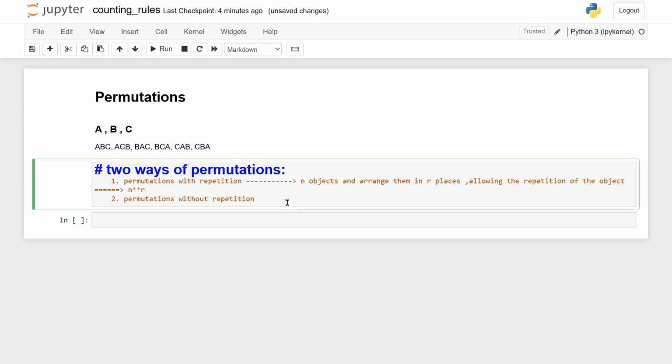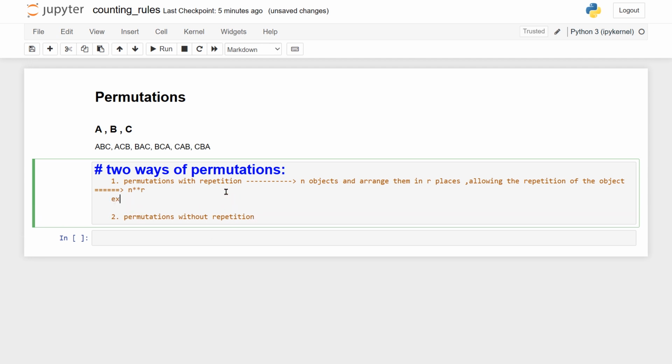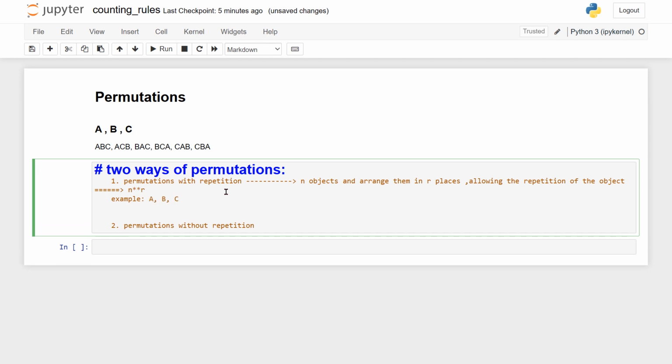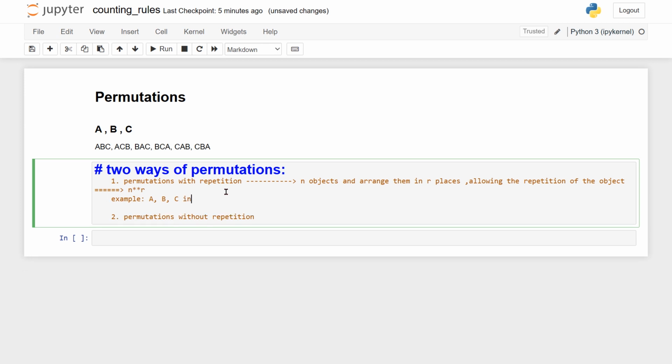And the other one is the most important one. For example, in this case we can take an example with the repetition. Consider the arrangement of the letters A, B, and C, in two places, allowing repetition.